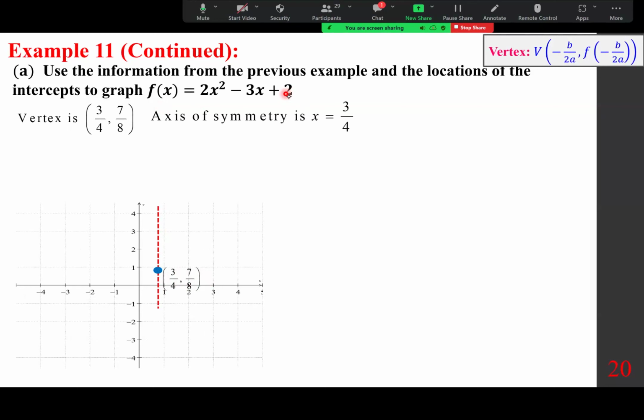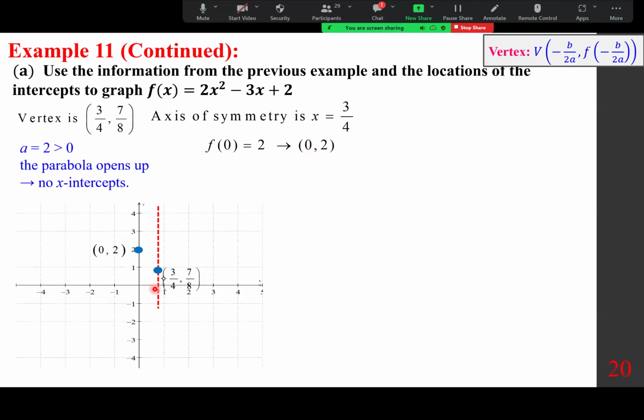Two is the y-intercept, that means 0, 2 is the y-intercept. You don't have to do anything for the y-intercept. So we can locate that.